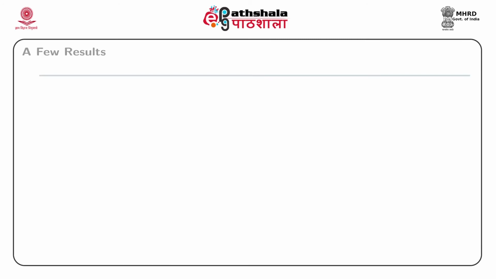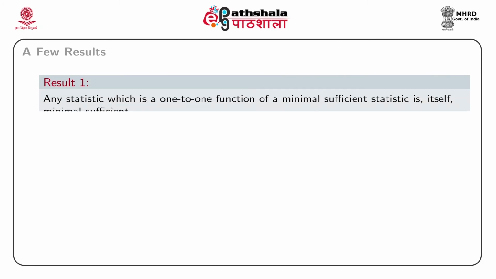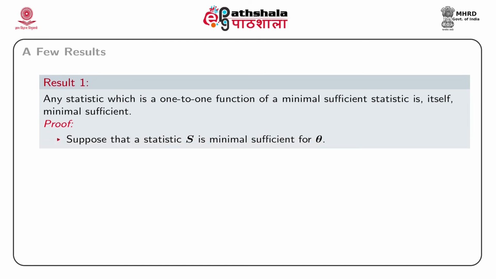Now we consider a very important result. Result 1: Any statistic which is a one-to-one function of a minimal sufficient statistic is itself minimal sufficient. Let us consider a proof of this result. Suppose that a statistic S is minimal sufficient for theta.